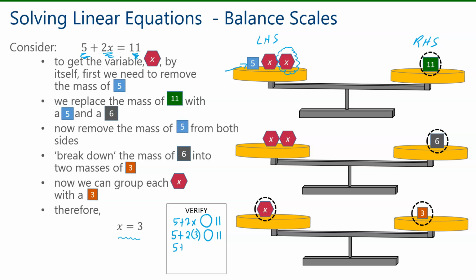Order of operations, 5 plus 2 times 3, which is 6. Does that equal 11? 5 plus 6 does indeed equal 11. In the circle now, I can put an equality sign, and we've just shown that x equals 3. It is indeed our solution to the equation.